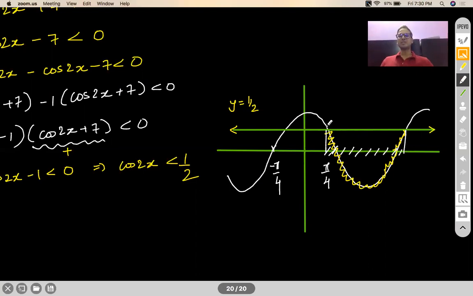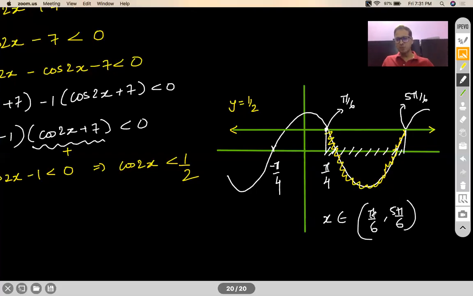What is that interval? So when do you think cos 2x becomes a half? So this will become pi by 6. If I'm not wrong, this will be 5 pi by 6. Am I right? Correct? So your x will lie between pi by 6 to 5 pi by 6.